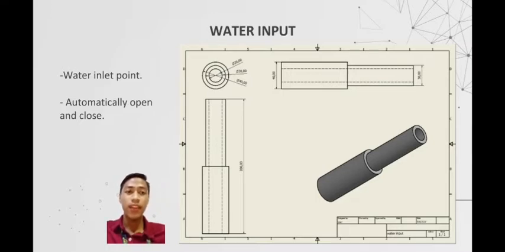It still has the same holes, which is 2000 diameter. For the function of water input, this is located near the water inlet point, which opens and closes automatically when you load the clothes, depending on how much water is required.